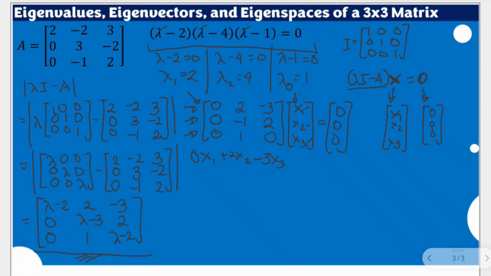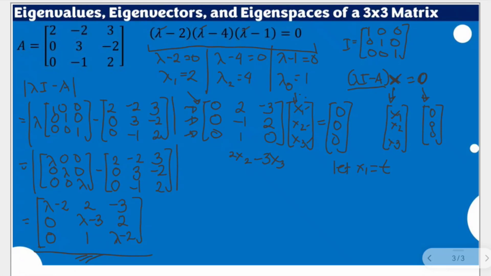On the second row, you will still have 0 x sub 1. And for the third row, you will still have 0 x sub 1. What does this mean? Your x sub 1 can take any value. So we're going to let x sub 1 be equal to an arbitrary variable t.